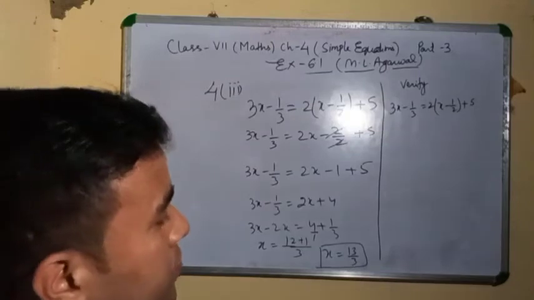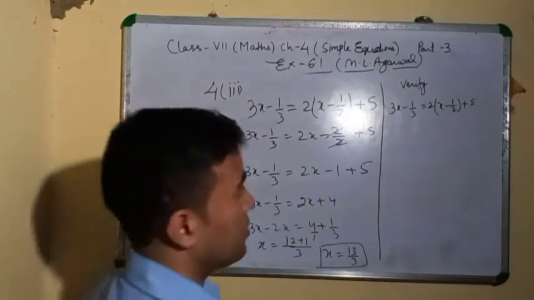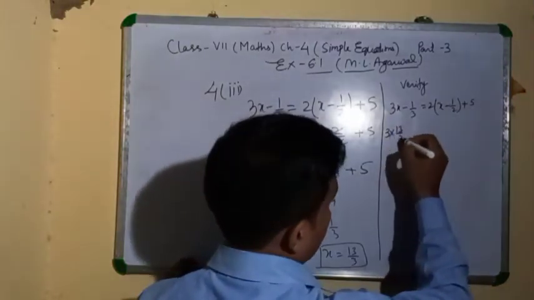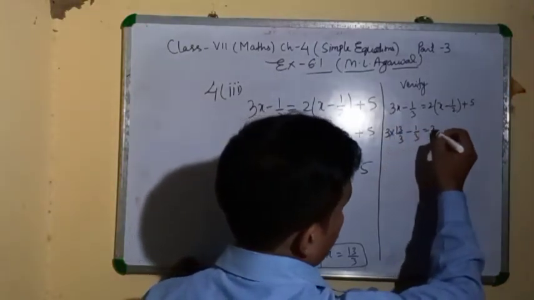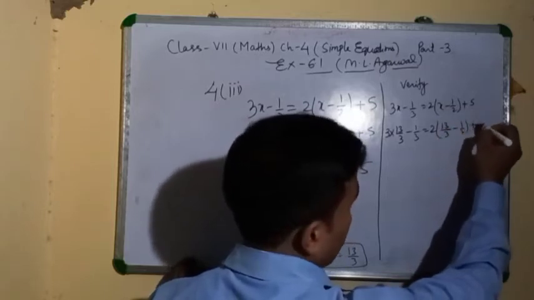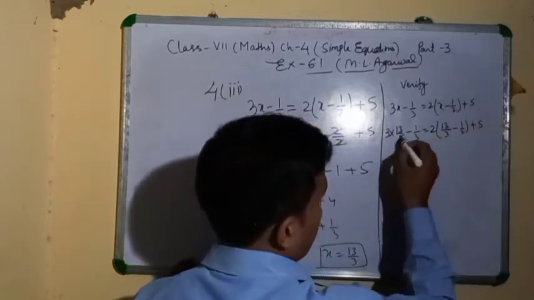Clear? Put the value of x. Three cancel.